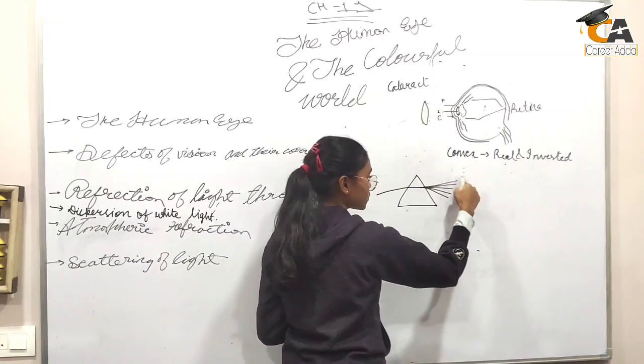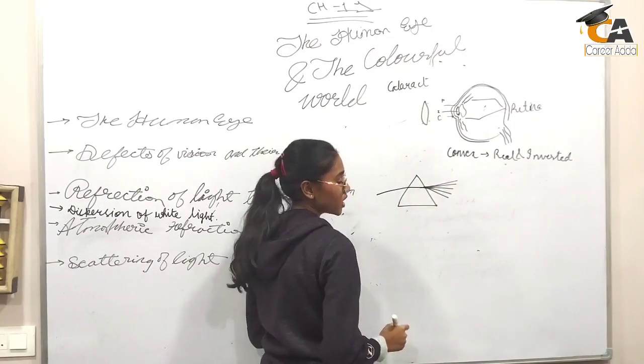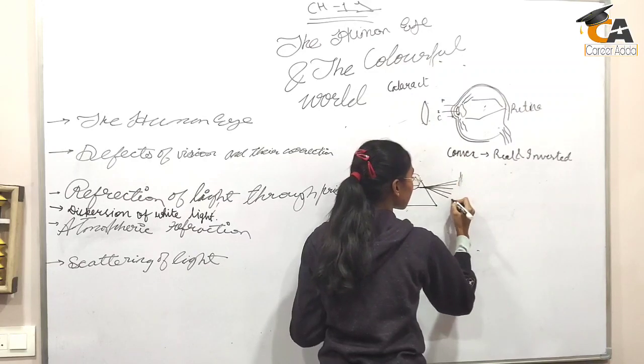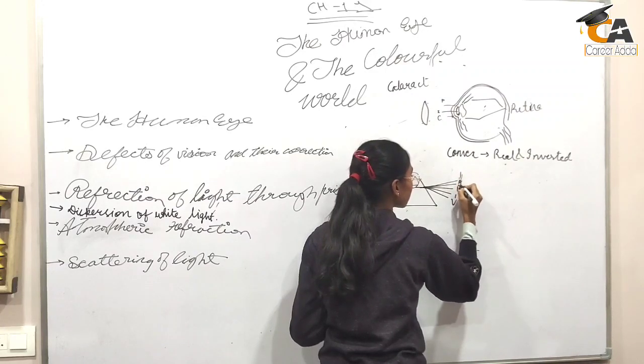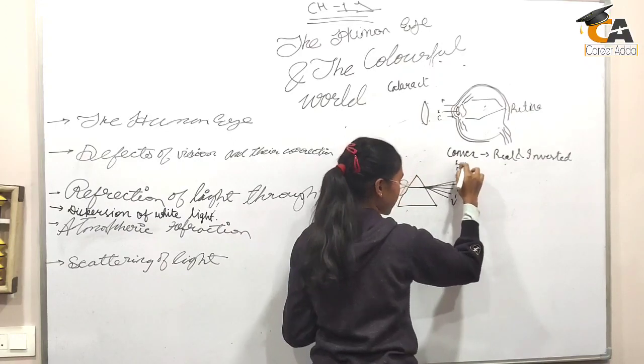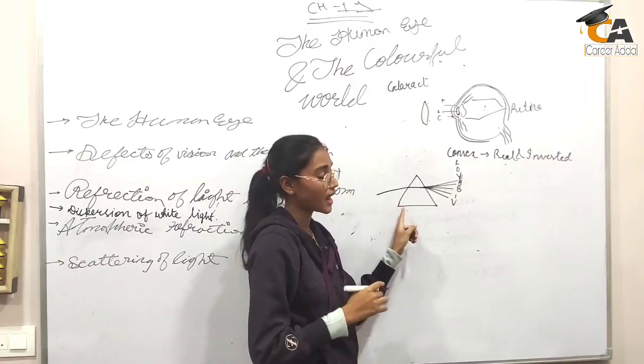The white light is split into 7 major colors, and the formation is VIBGYOR: violet, indigo, blue, green, yellow, orange and red. These are the 7 colors that are formed when the dispersion of light takes place.